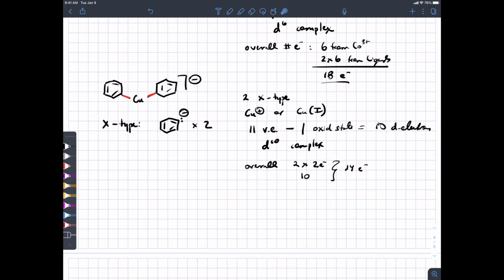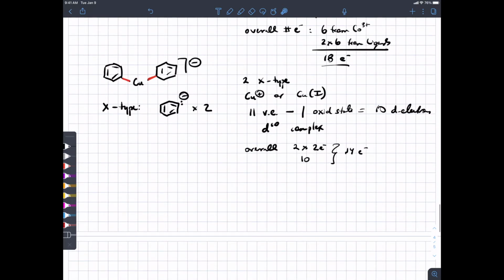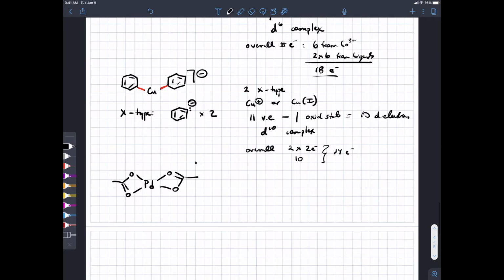Let's do this one. Drawing a neutral complex. All right, so overall this complex is neutral.